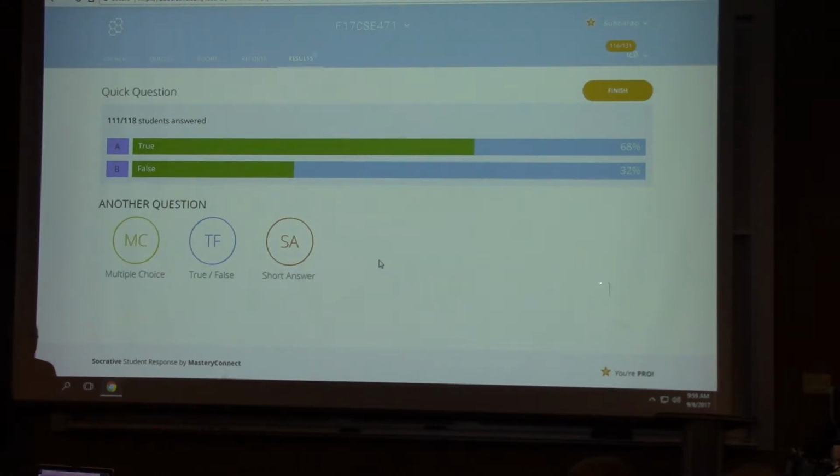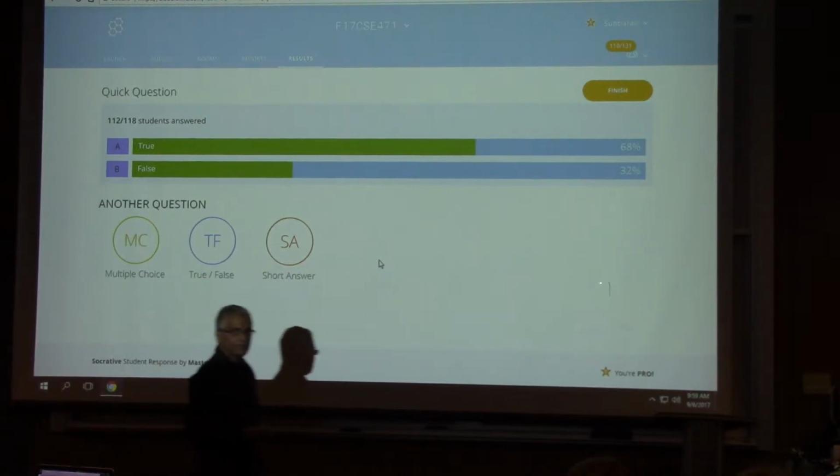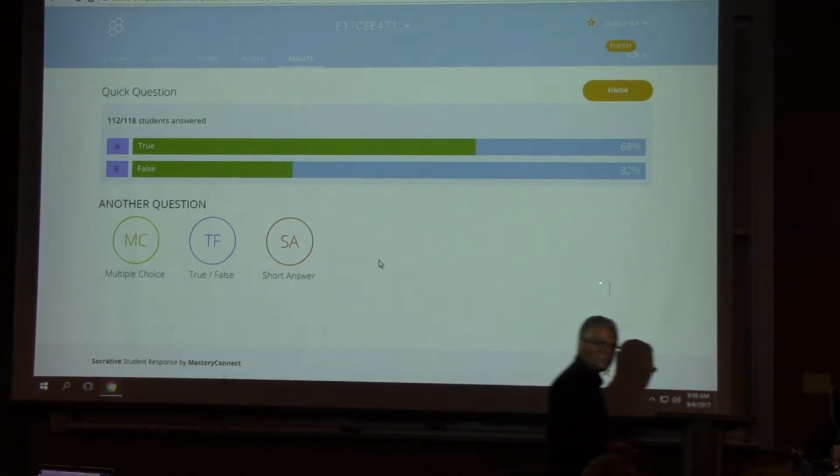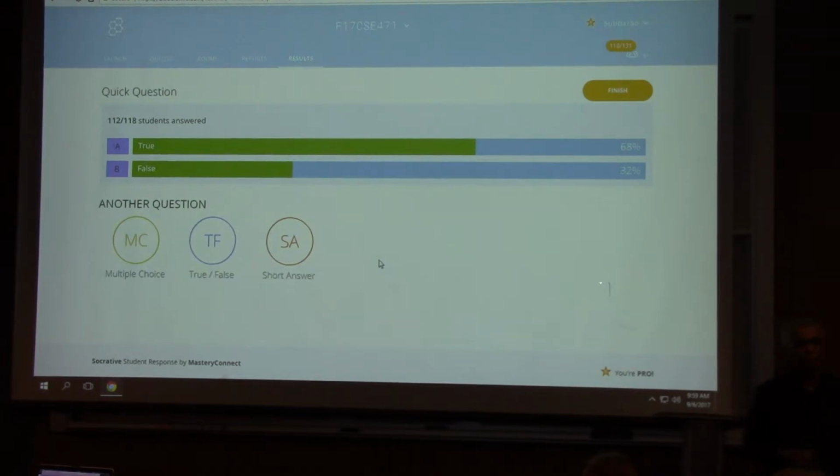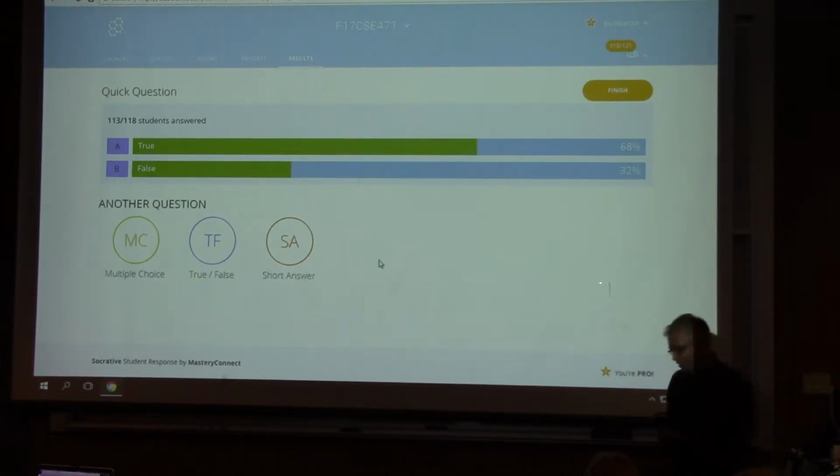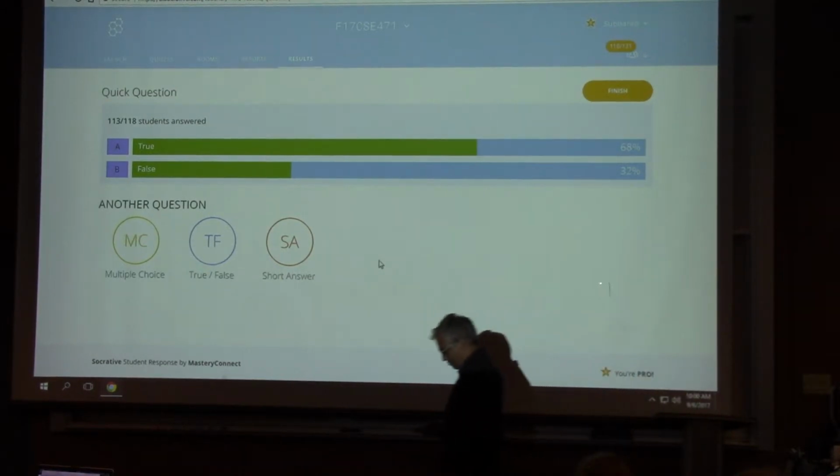For an admissible heuristic, h of n must always be less than or equal to h star of n. So if h star of n is 0, that means h of n, since it's less than or equal to h star of n, is equal to 0 as well, because that's the only value it can have. And that would happen at the goal.